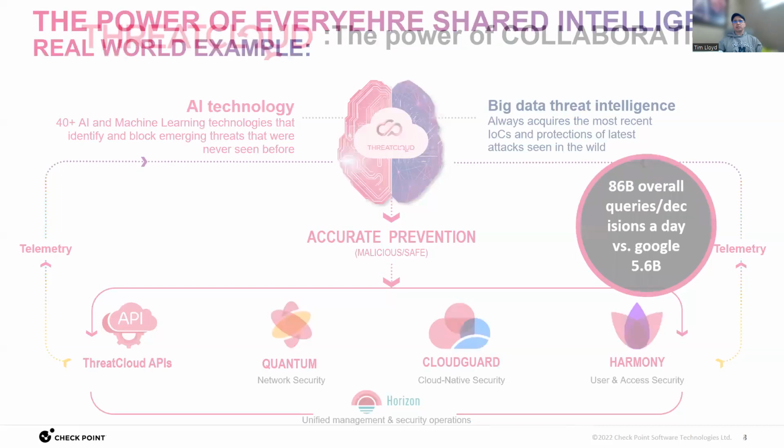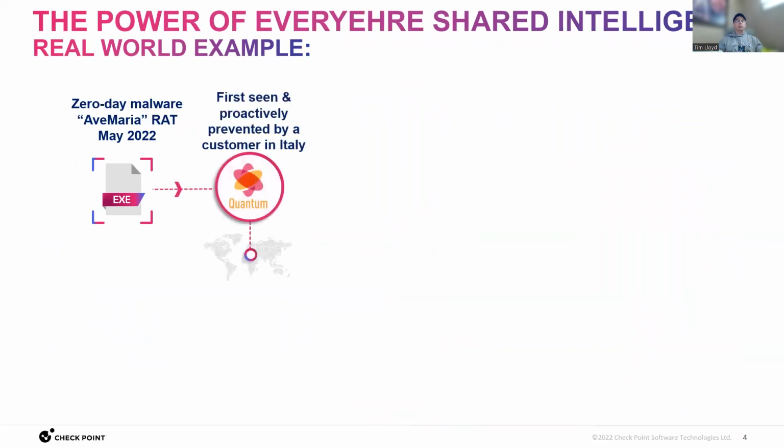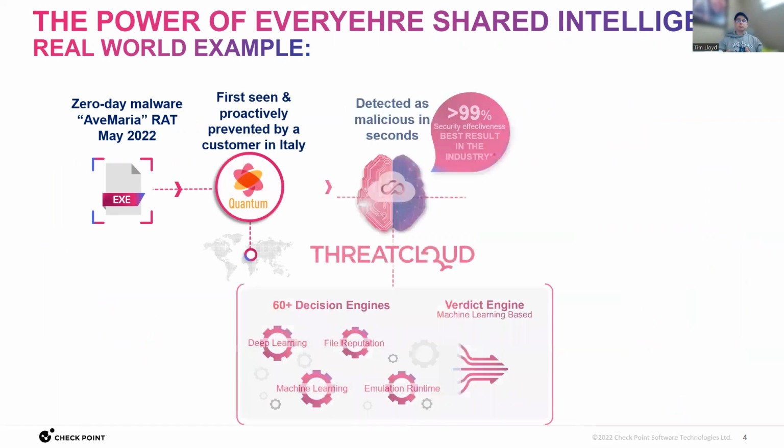Just to give you an example, let's say, for example, we have a customer that's in Italy, and they're running threat emulation and extraction, and the customer goes to download an executable. Well, that executable is uploaded into our threat cloud, and it goes through a number of AI and deep learning engines, many of them, to determine whether or not this file is malicious. And we have an exceptional effectiveness rate, right? We're under 1% in false positives in the industry.